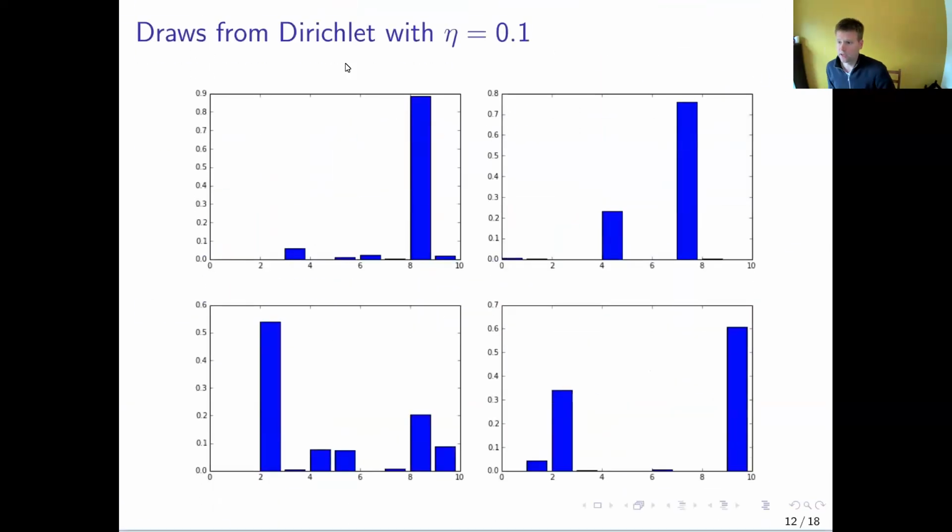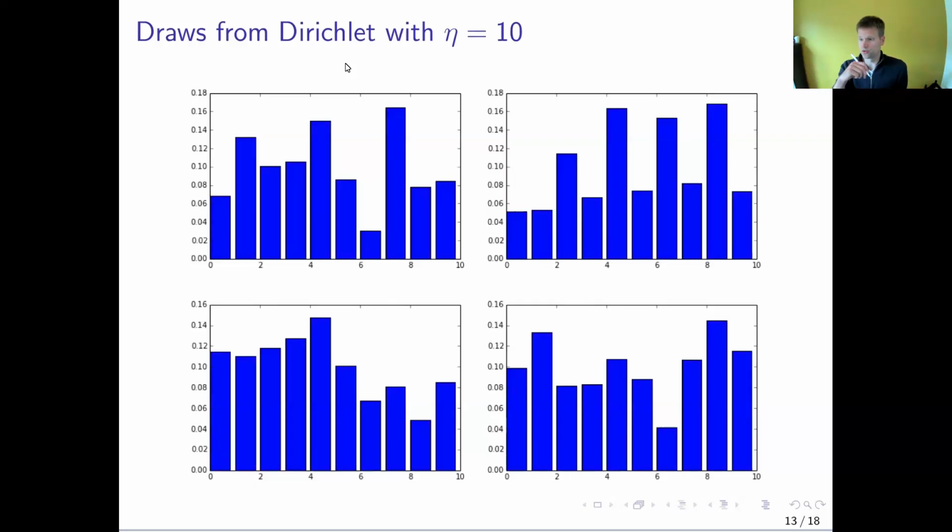Now, if I start drawing from a 10-dimensional Dirichlet with eta equals 0.1, I'm going to be drawing towards the corners of the 10-dimensional simplex, which put a lot of mass on relatively few dimensions. And you can see that that's happening in these draws. These are much sparser, much more skewed distributions than I had with eta equals 1.